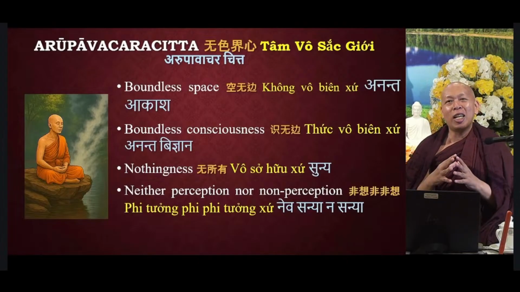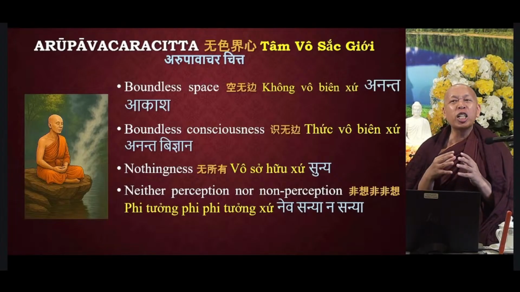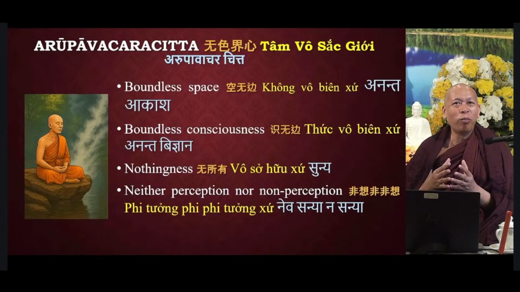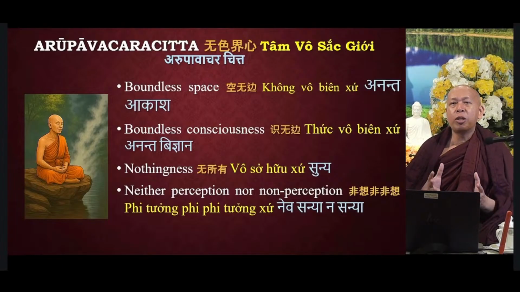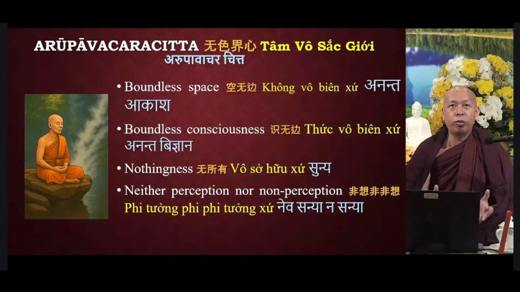Here in this case, we have perception, but this perception is not easy to know. It is a very subtle perception. That's why we just call it neither perception nor non-perception. That means very subtle perception. It's so subtle that we cannot recognize it easily.